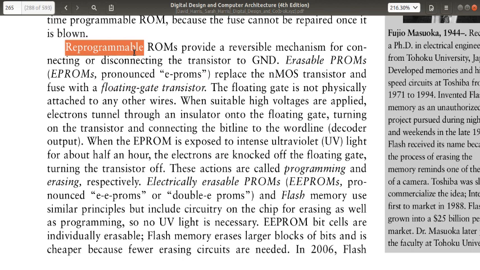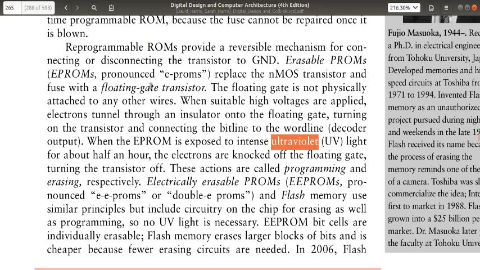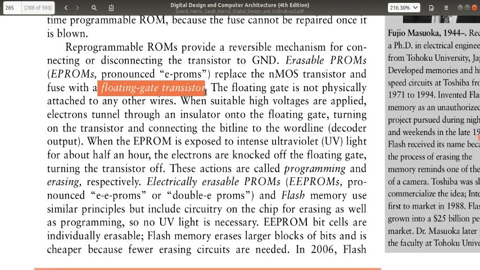Once you have programmed it, then that was not changeable. But then came this one, reprogrammable ROM, and here also an ultraviolet ray was used to change the configuration of the floating gate transistor, which was used instead of the fuse.